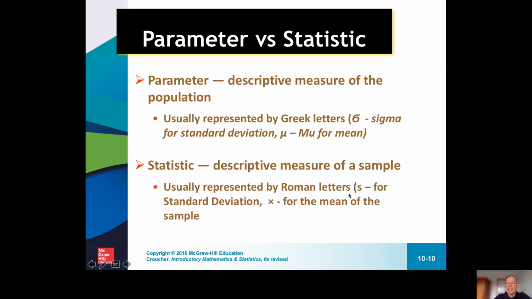Whereas if you see Roman letters, little s for standard deviation, a helpful way of remembering that is sample is smaller than the population. So s for sample, s for standard deviation of the sample, maybe that helps. And x should have a little bar above it, x with a little bar for the mean of the sample.